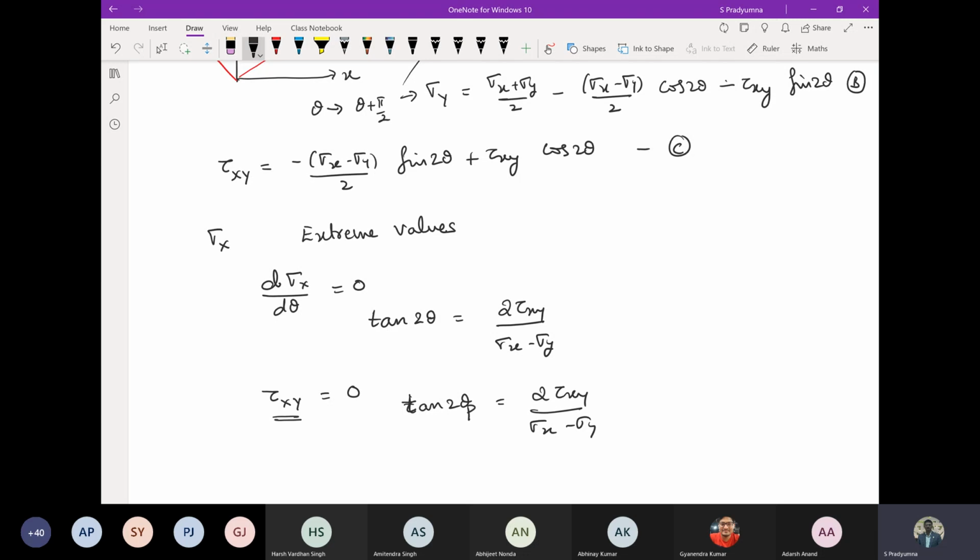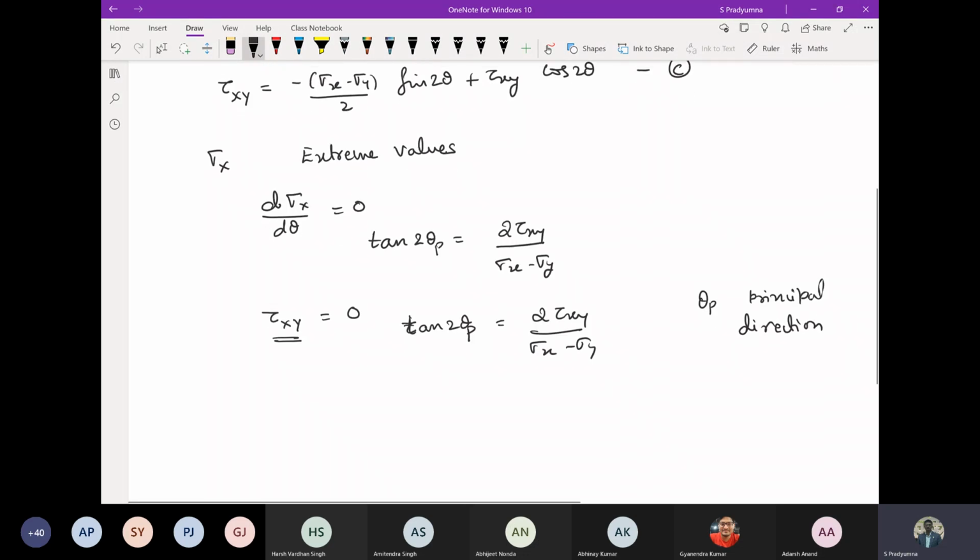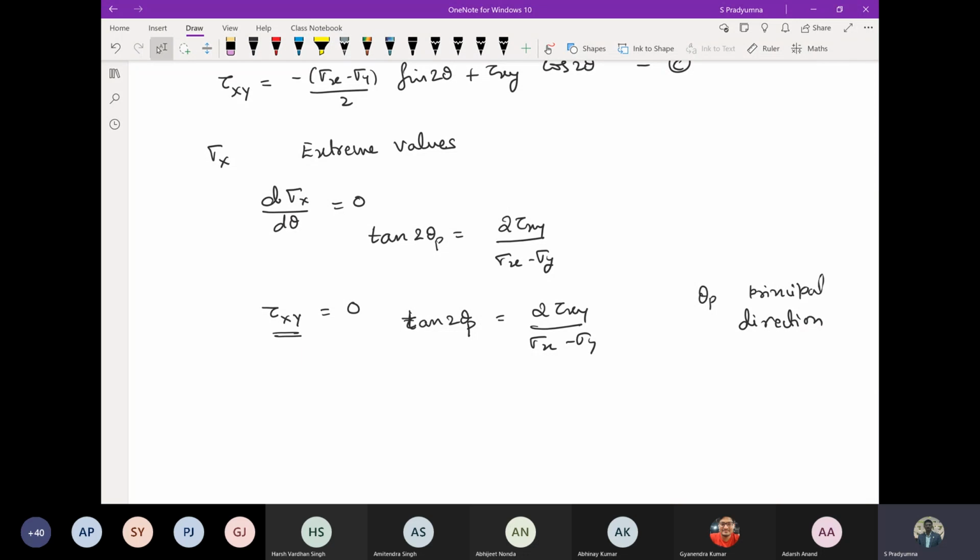Therefore, this angle theta is known as theta p, that is the principal direction. The same thing we obtained by considering the extreme values: d sigma x by d theta is 0. There also we get the same value. Therefore, we call that angle a principal direction.